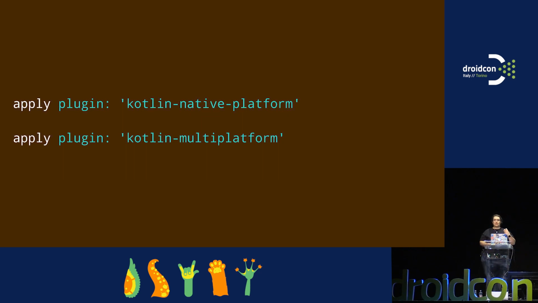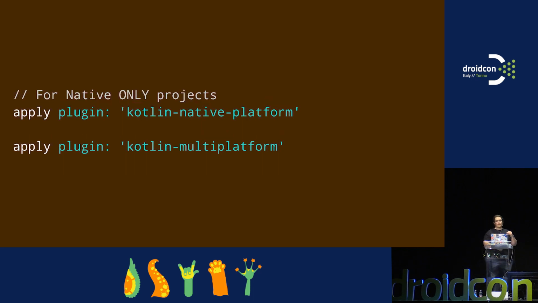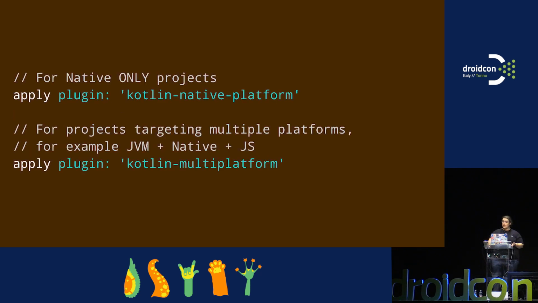It took me an absolutely stupid amount of time to figure out the difference between the two, which seems really obvious in retrospect: the native platform plugin is for projects that only use Kotlin-Native, and the multi-platform plugin is for the thing most of us actually want to do, which is build things for multiple different environments at the same time. And if you do not use the correct one, your project basically doesn't work.